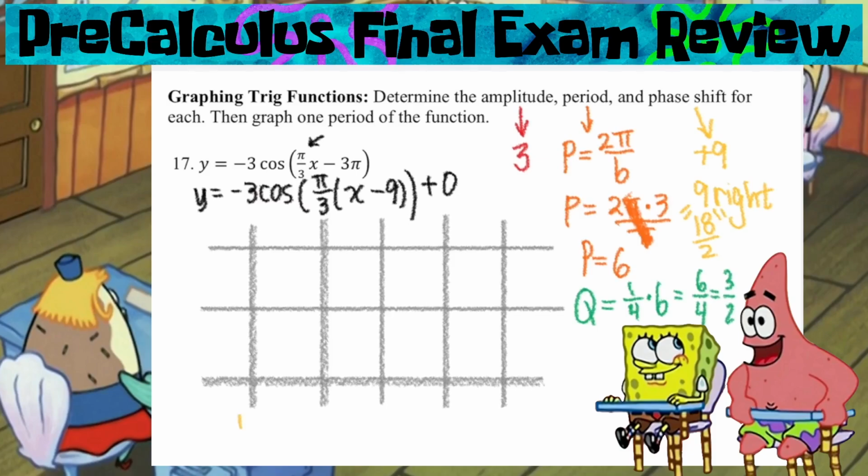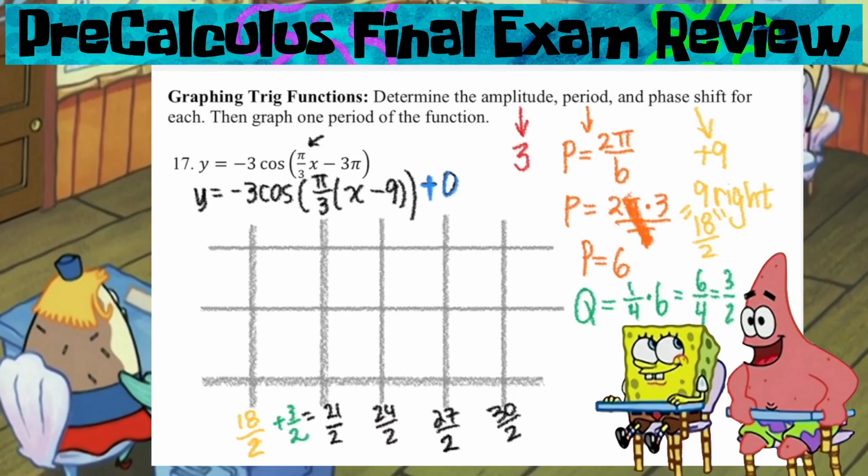So my first tick mark is going to be 18 over 2. Then I'm going to add 3 over 2 to get the rest of the tick marks. That makes this 21 over 2, another 3 over 2, 24 over 2, 27 over 2, and then lastly would be 30 over 2. I could reduce some of them, but I really don't need to.